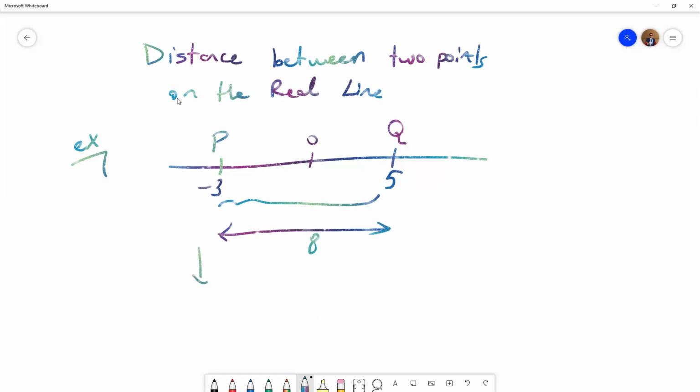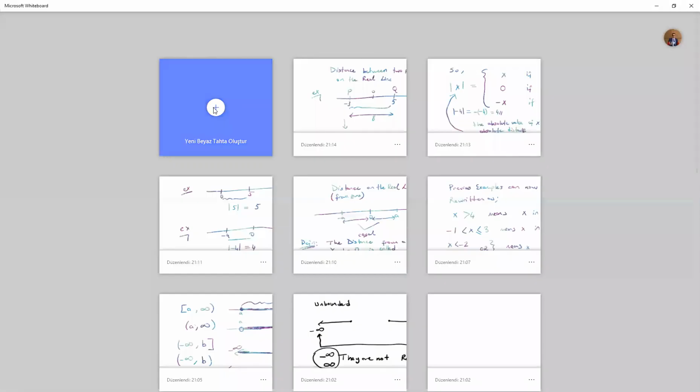Let's find it by absolute value. We have 2 ways to use this one. Let's notice it. We have -3 and 5 here and 0 here.